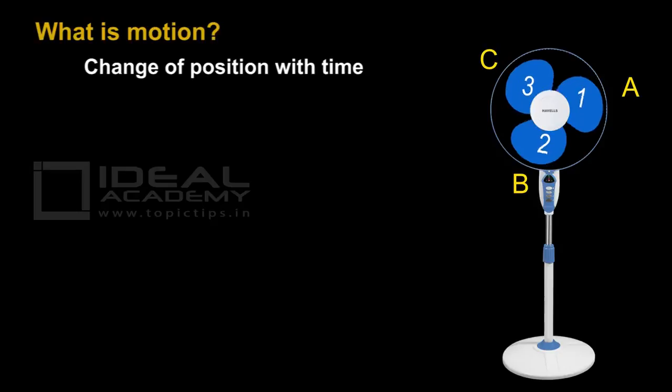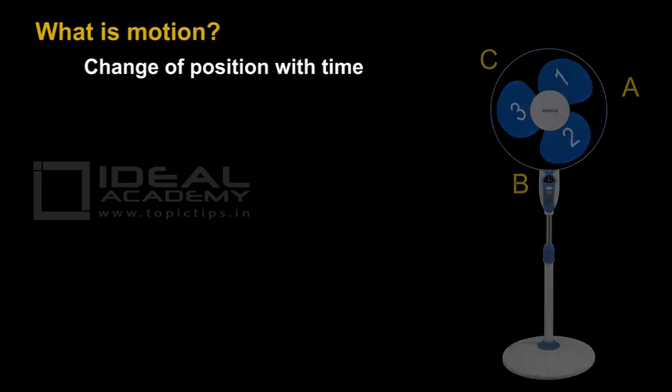Now when the blade starts moving, blade 1 goes from position A to B, and as time passes, the position of blade 1 changes. Similarly, the positions of blade 2 and 3 also changed. That means the position of the blades keep changing, as you can see very clearly. So, we say the position of the blade is changing with time. Hence, the moving blades are in motion.